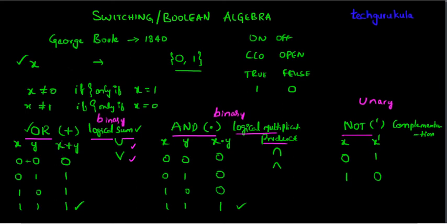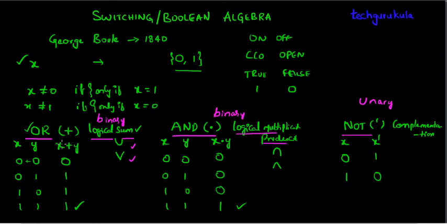So far we were just defining the basic postulates. We have seen binary operations and unary operations. We haven't discussed any gates, such as the OR gate, AND gate, or NOT gate. These are just the basic fundamental postulates of Boolean or switching algebra.